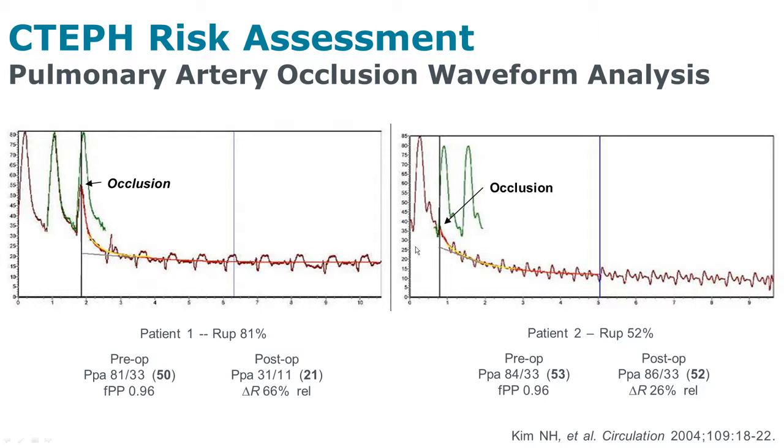And I will quickly explain: this is an occlusion curve from a patient with an upstream resistance of 81%, which is considered to be reduced, but still in an area where the study found a good prognostic indication, while this patient on the right side has a flat decay from the occlusion point of the Swan-Ganz balloon to the wedge, and the flat decay correlates in this case to an upstream resistance of 52%, which is below this magic threshold that Nick identified in his study of 60%.